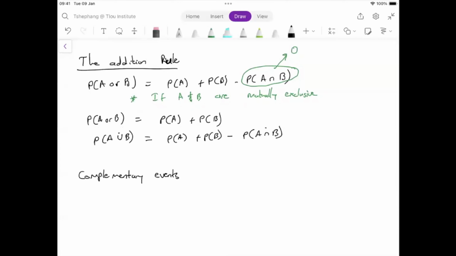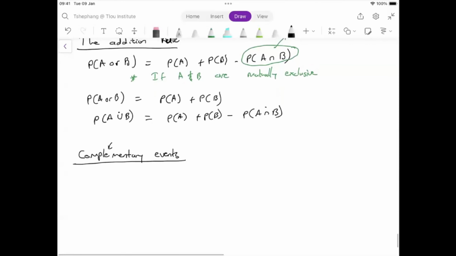Be careful of this E. It's not an I. They complete each other. They're complementary, not a complement. How do we even describe complementary events?